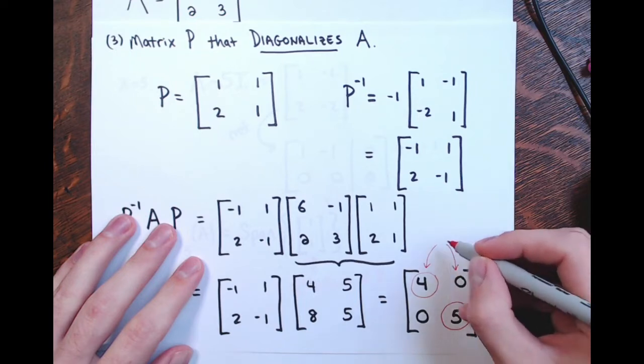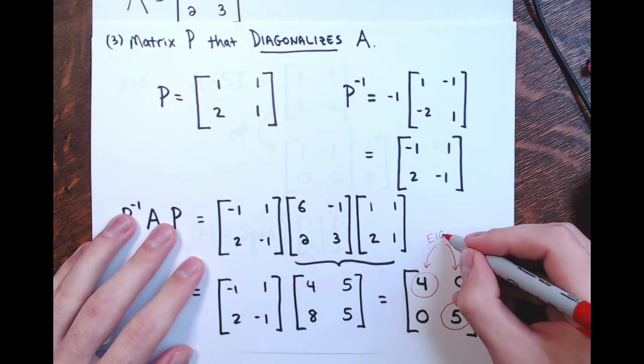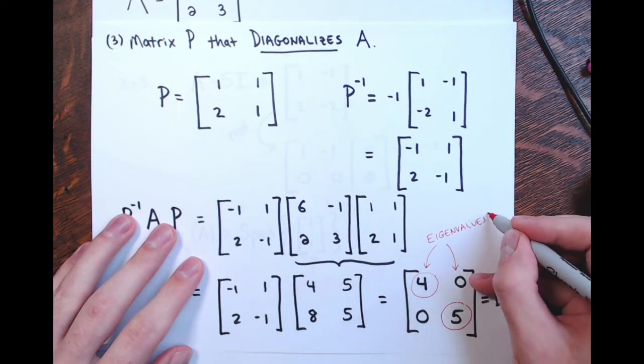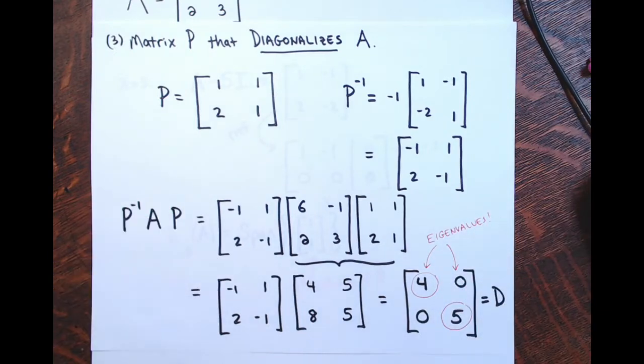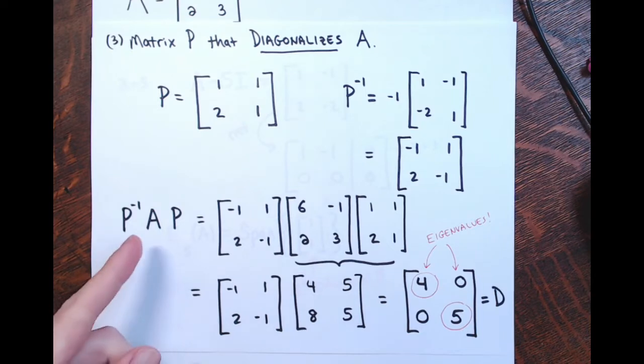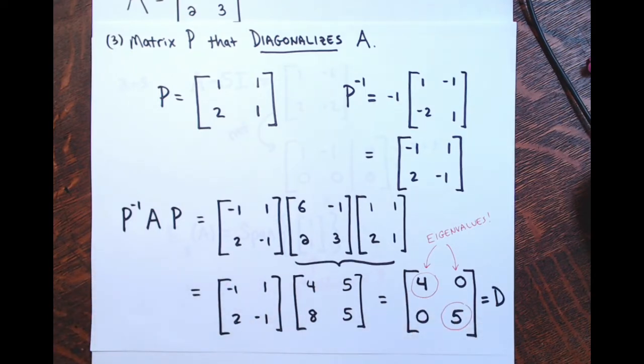These are the eigenvalues. And it should be that way. Remember we said earlier, similar matrices have the same eigenvalues. And if you have a diagonal matrix, the eigenvalues are just the diagonal entries. So it should be this way, because A is similar to D.